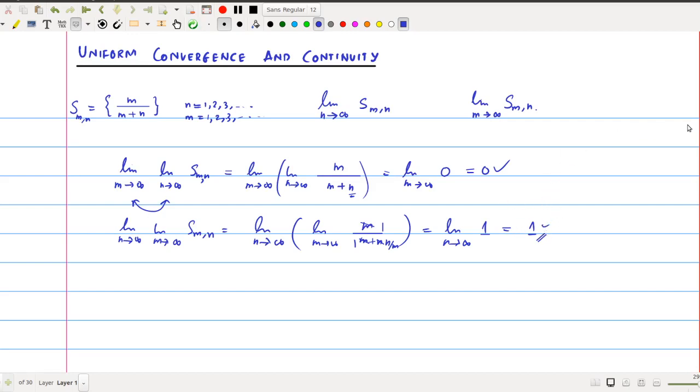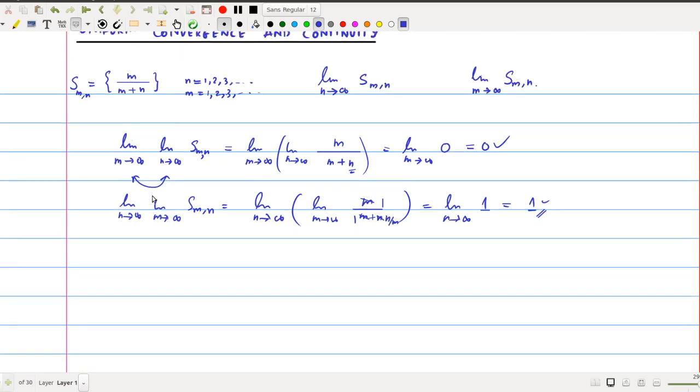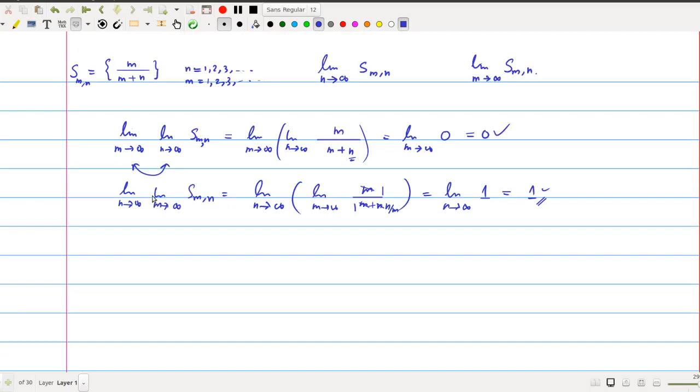So for a double sequence with two different types of limits, interchanging the limits need not give the same answer.